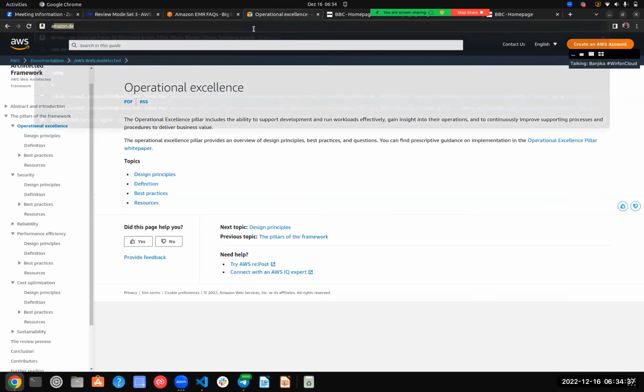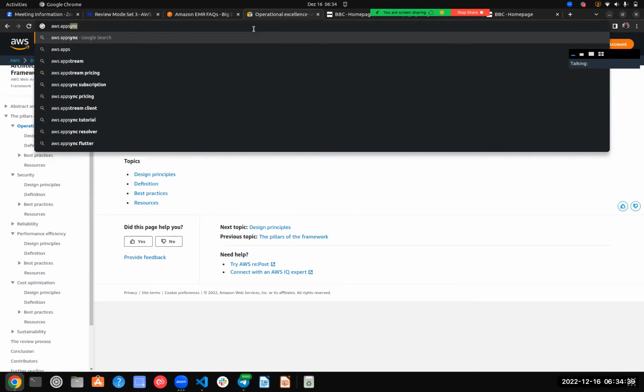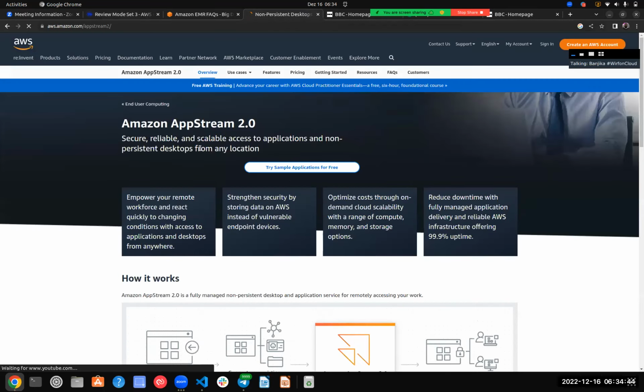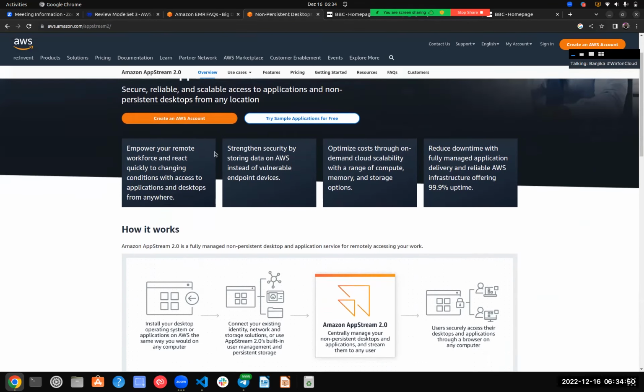AWS AppStream: secure, reliable, scalable access to applications and non-persistent desktops from any location.